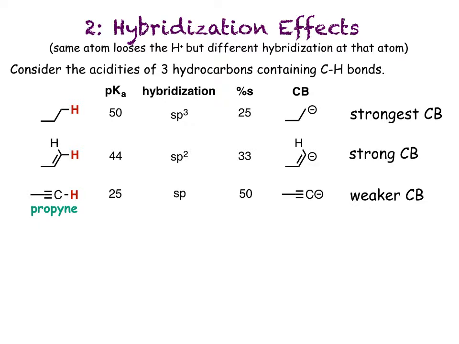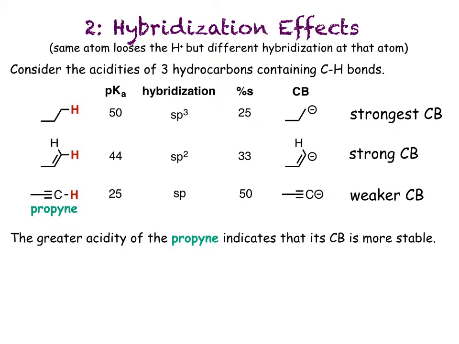And I want to remind you of something that you should learn in general chemistry: the weaker the acid, the stronger the conjugate base. That means that the alkane anion, the carbanion from the top row, is going to be the strongest conjugate base, and the weakest conjugate base is going to be the one at the bottom.